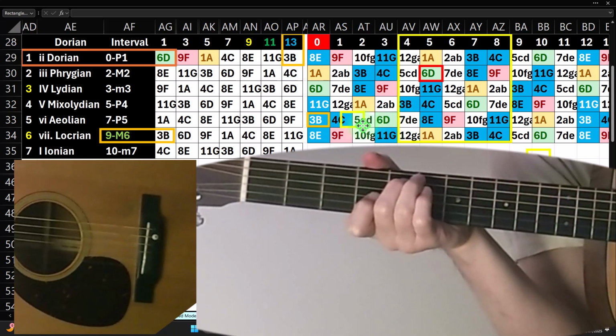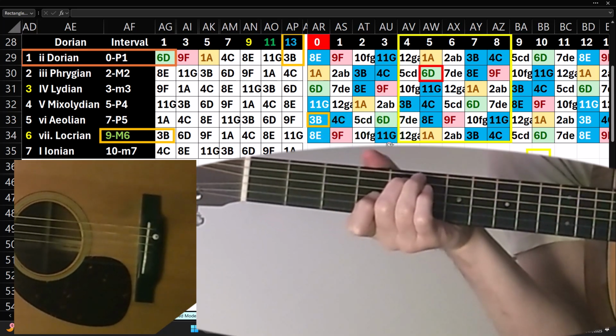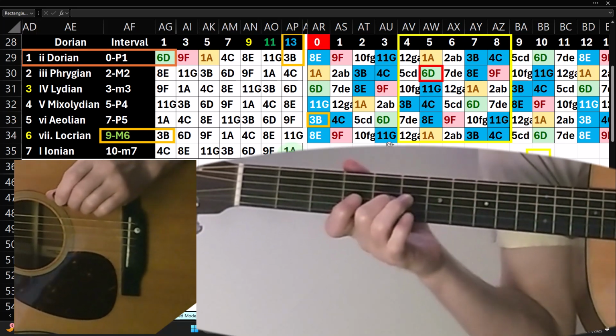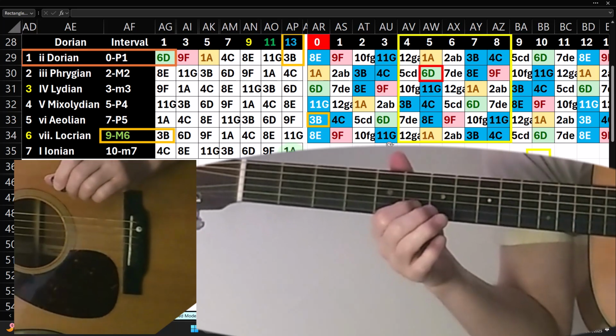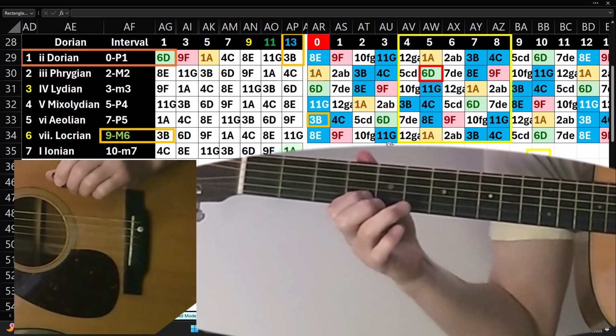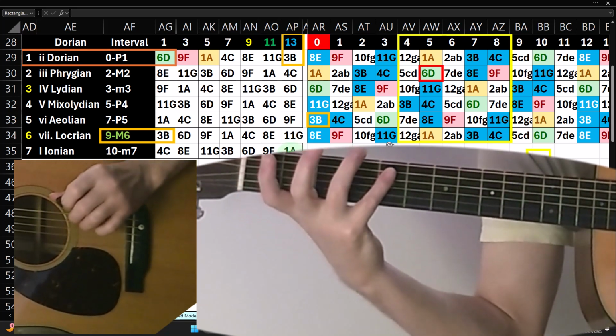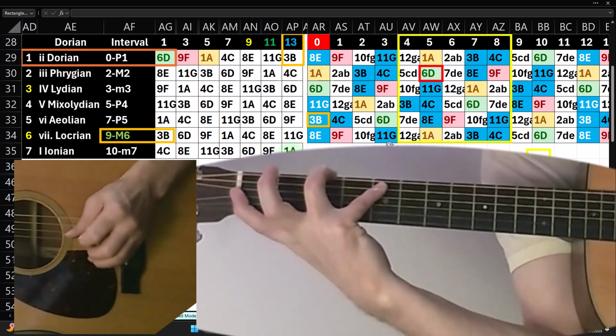12, 11, 10, 9. So let's count it out on the guitar. We're going to say, all right, that's going to be 5, 10, and then 15 up here. 15, 14, 13, 12, 11, 10, 9. So that would be all the way back here, which would be on the nut.